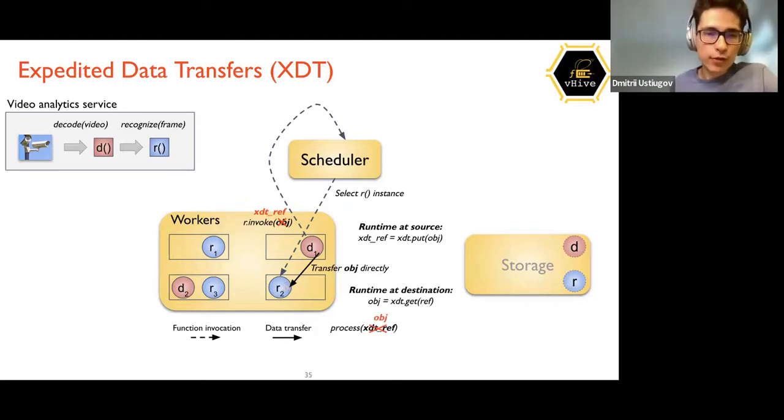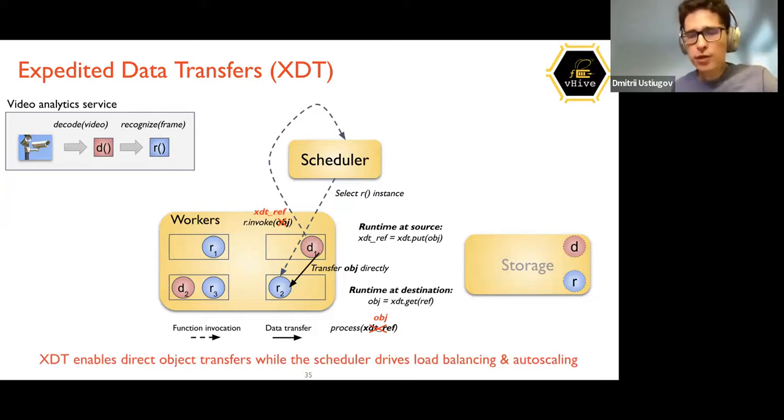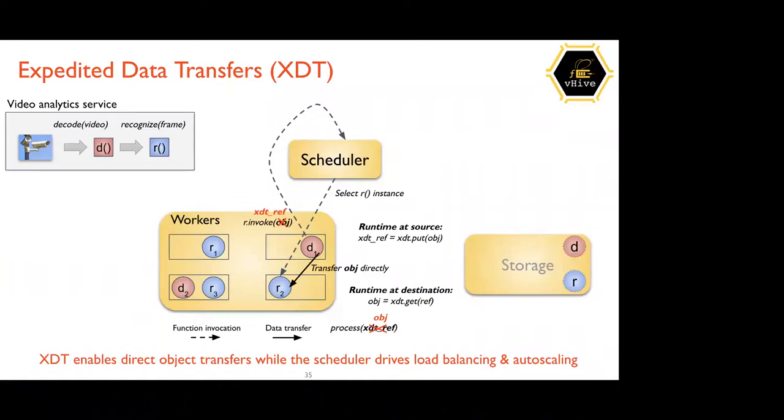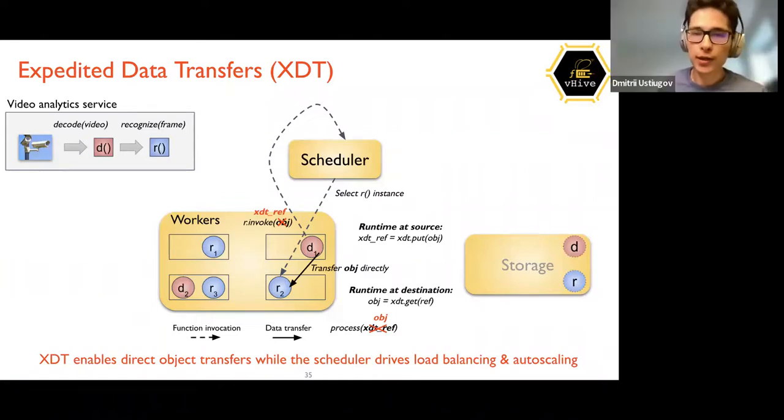After that, the recognition function can process the object. This way, XDT achieves direct object transfer communication in conjunction with existing autoscaling and load balancing, which is driven by the scheduler.